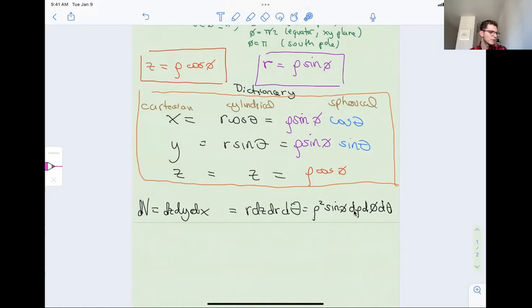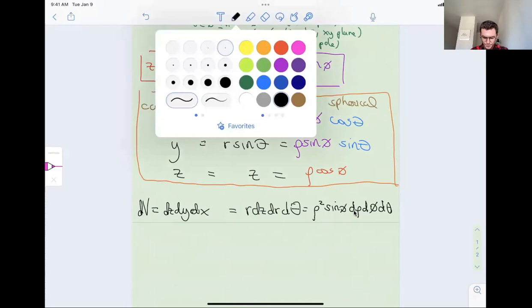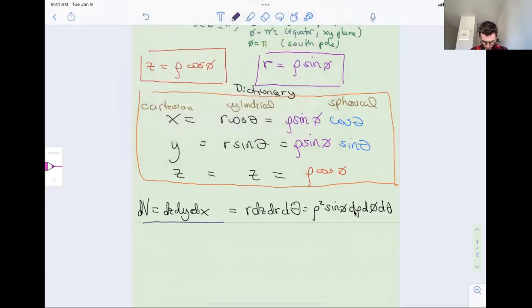Okay, so let's do just a warm-up exercise so that you see how this works. And maybe, if you want to add another row to this table, just remember that rho squared equals x squared plus y squared plus z squared.